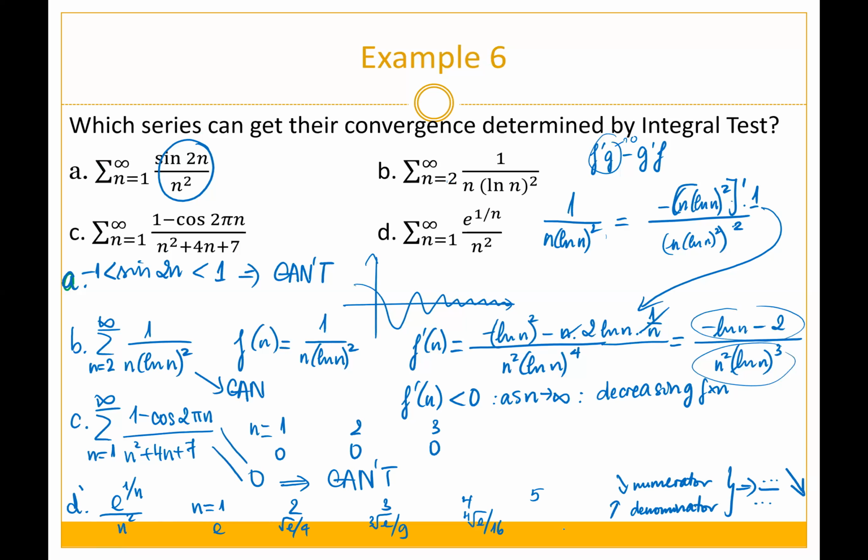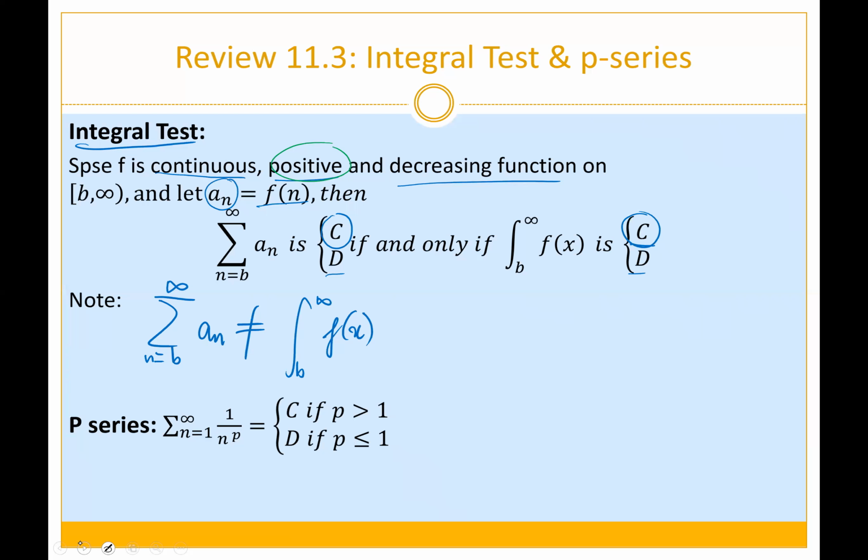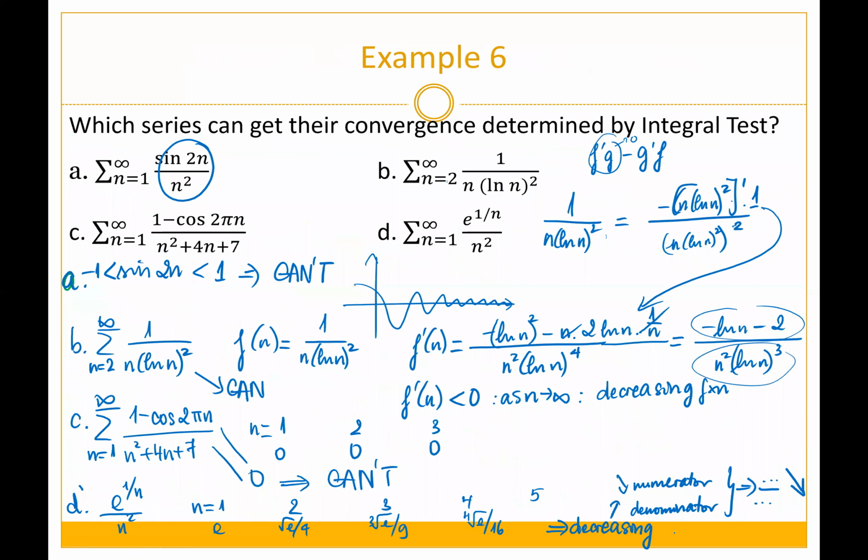Therefore, this is a decreasing function. Therefore, you can use the integral test for this. How to take the integral of that? You're going to put u equal to 1 over n. But generally, you can use the integral test for this, because it satisfies all the conditions you need for the integral test.